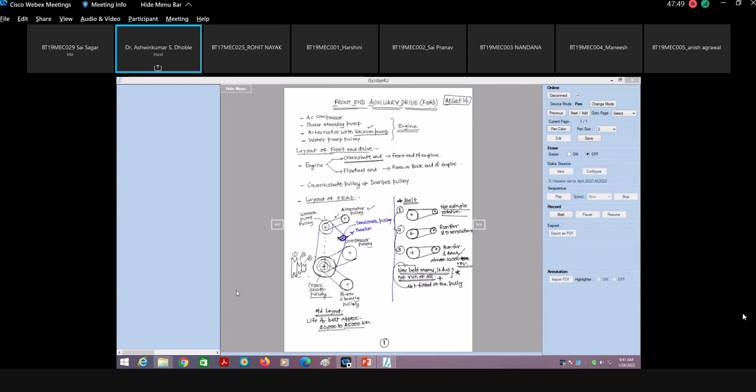The moment you fit the belt on the pulley, you apply tension to the belt. Once the tension is applied, that becomes the old belt, because there is a permanent set occurring in the belt cords. Once that is done, the belt becomes old.